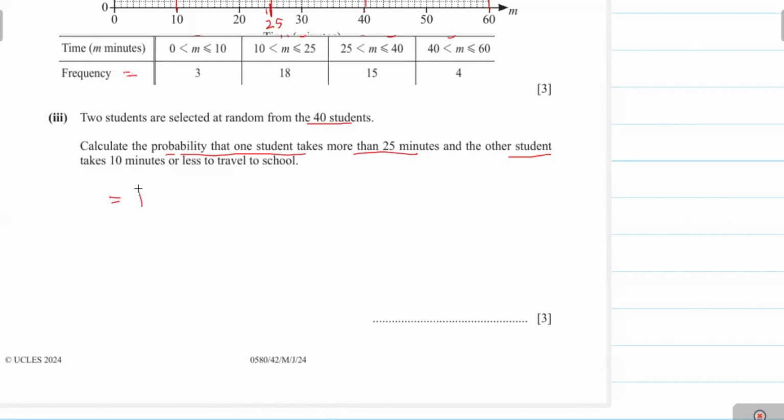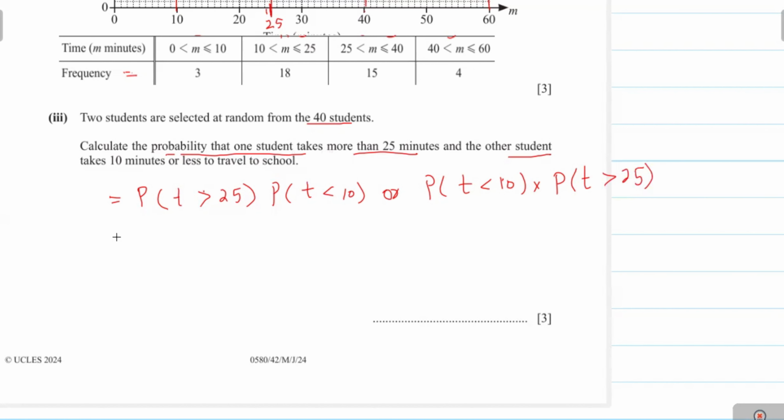This probability will be equal to the probability of the student who takes more than 25 minutes times the probability of the student who takes less than 10 minutes, plus the probability of the student who takes 10 minutes or less times the probability of the student who takes more than 25 minutes. Look here, the students who take more than 25 minutes, 15 plus 4, are 19.